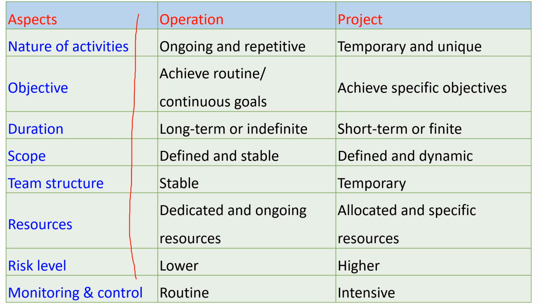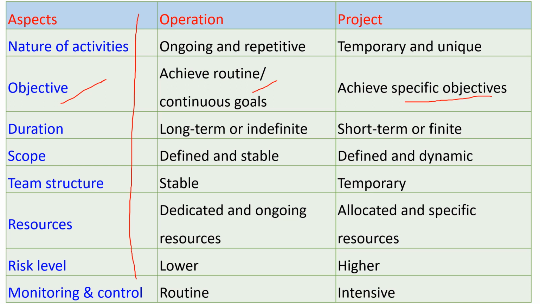According to the objectives, the operation achieves routine or continuous goals. It's routine, or repetitive, by the way. Whereas the project achieves a specific objective. A project has a specific objective, unlike that of an operation.